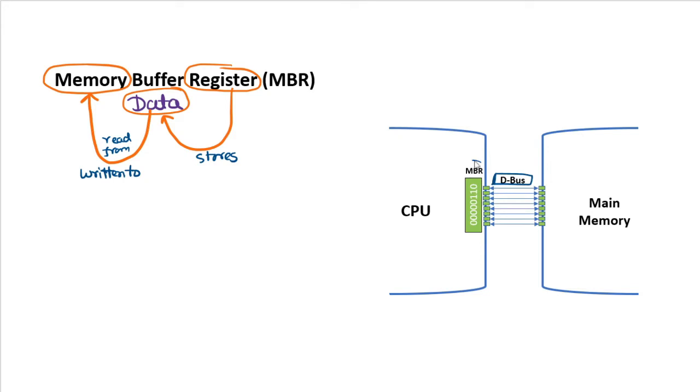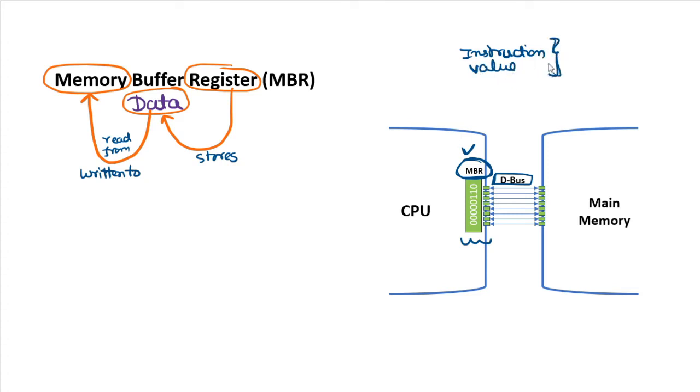So there must be one register to send or receive the data to and from the data bus. MBR is that particular register. It holds the data, and this data can be either an instruction or a value.